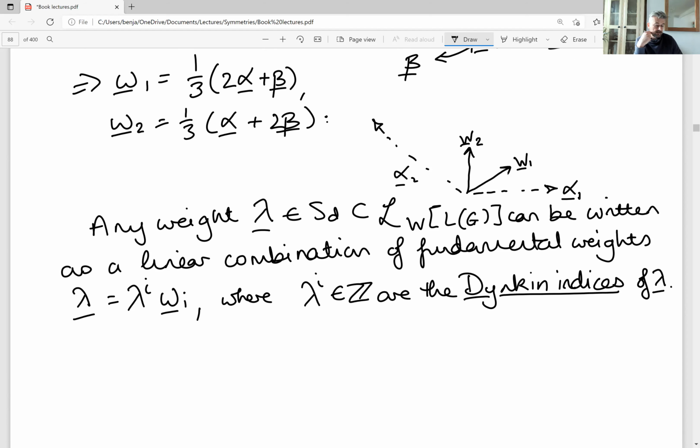Every finite dimensional representation must have a highest weight, such that we can't raise it.